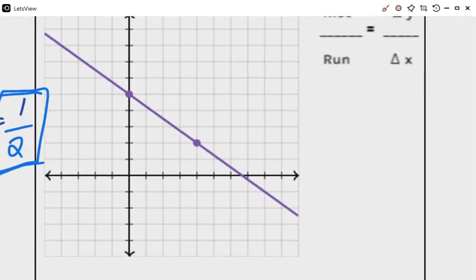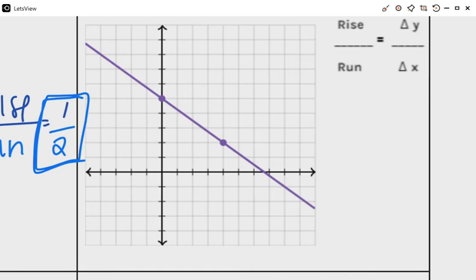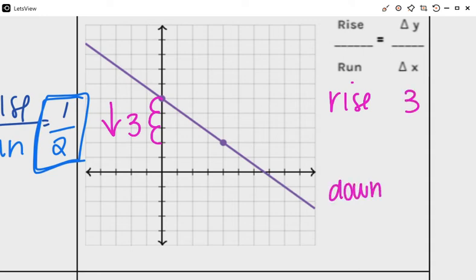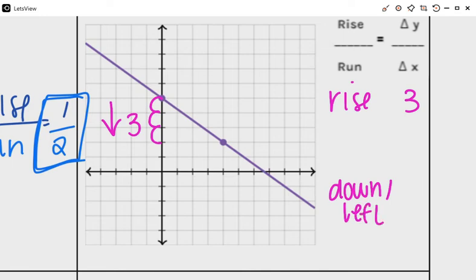This one, we have points given to us. We have our rise. I'm going to always start on the left. We're going to go down 1, 2, 3. Down 3. It's really important to note that down and left give you negative numbers. Up and right give you positive numbers.